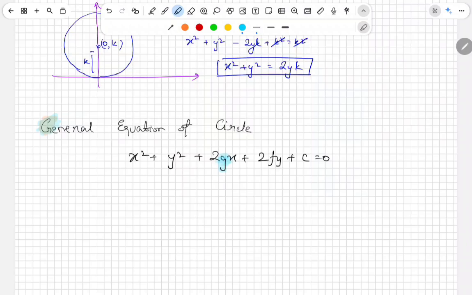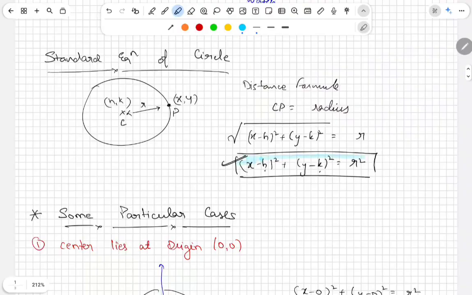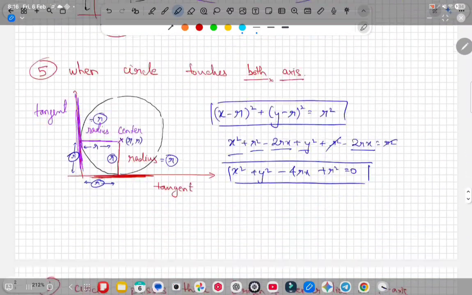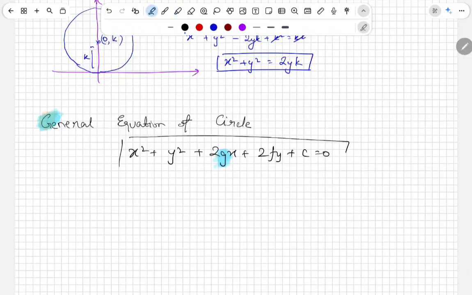The equation which has the term g in it is the general equation, and the one without g is the standard equation. This is my general equation of the circle.